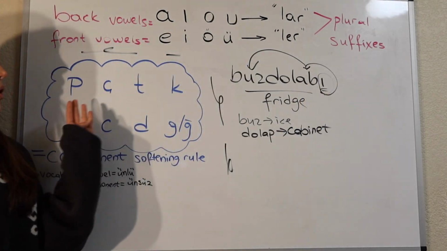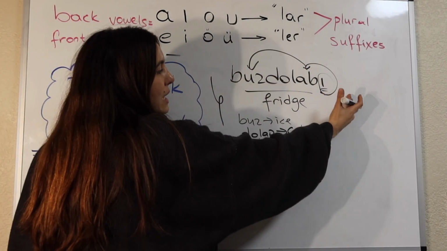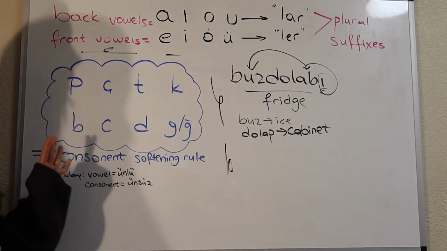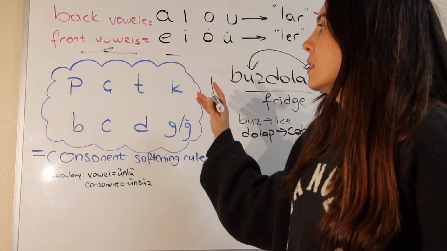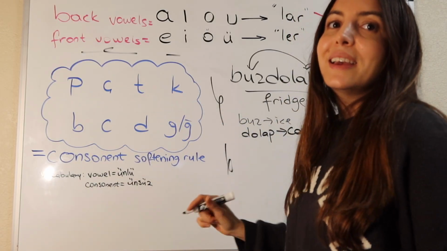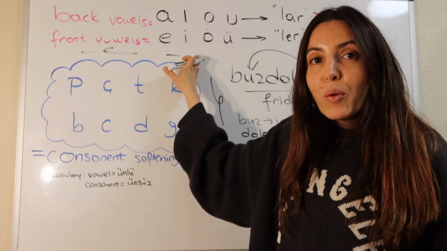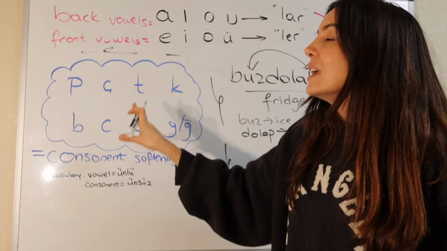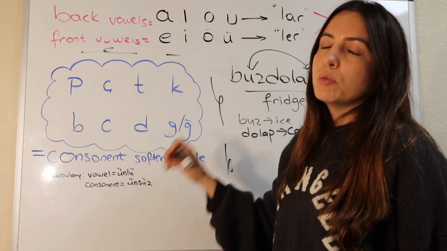And so we have to go here and look at this rule and understand it to be able to understand what's happening here. When Turkish words that end with a P, Ç, T, or K get a suffix added that starts with a vowel, they soften and become B, C, D, or G, or yumuşak G.